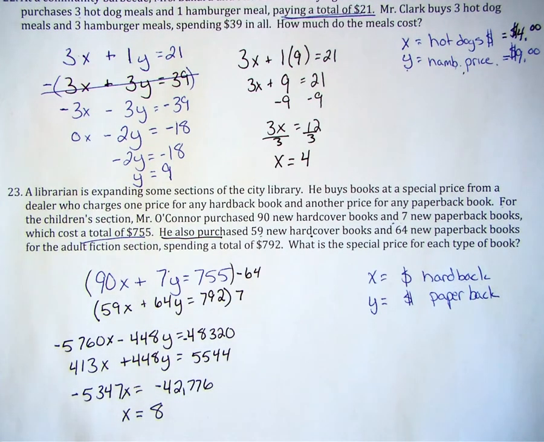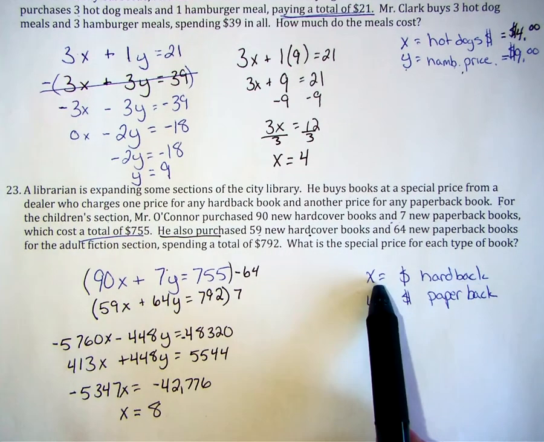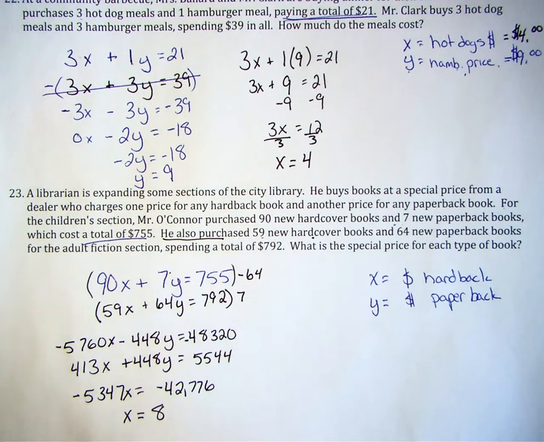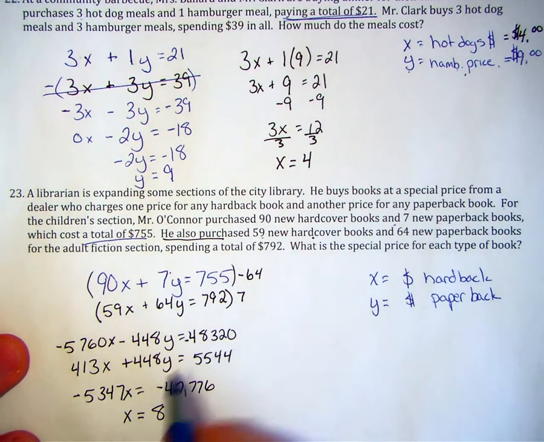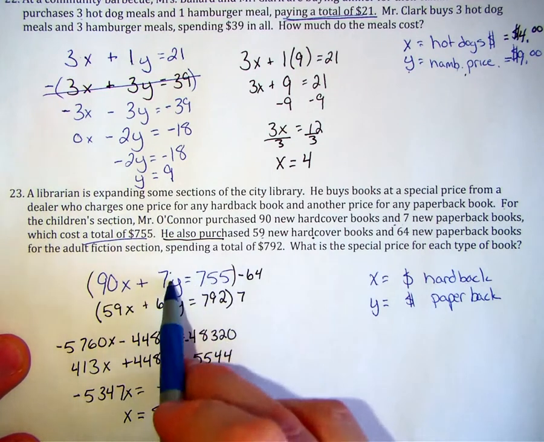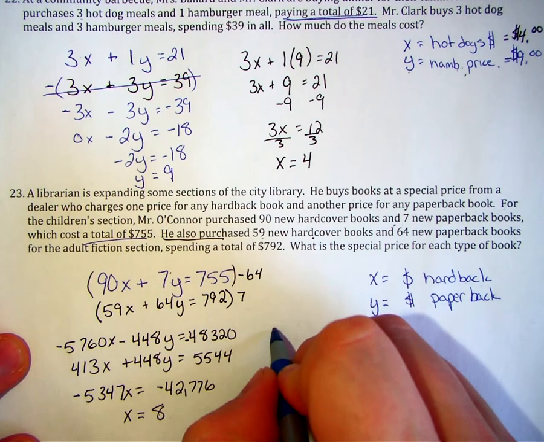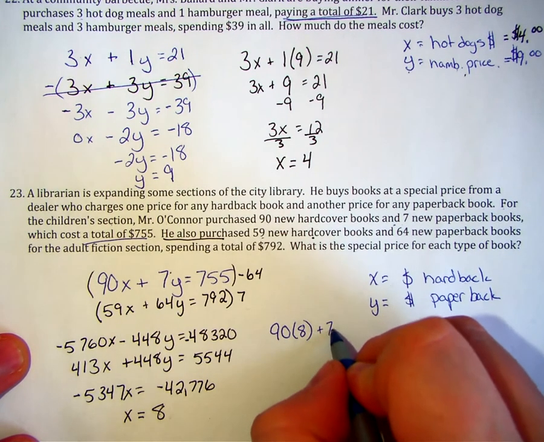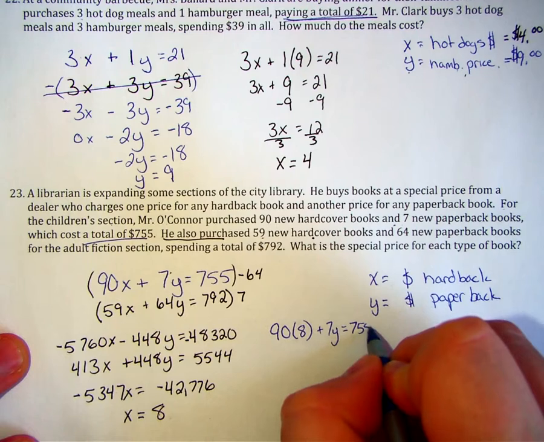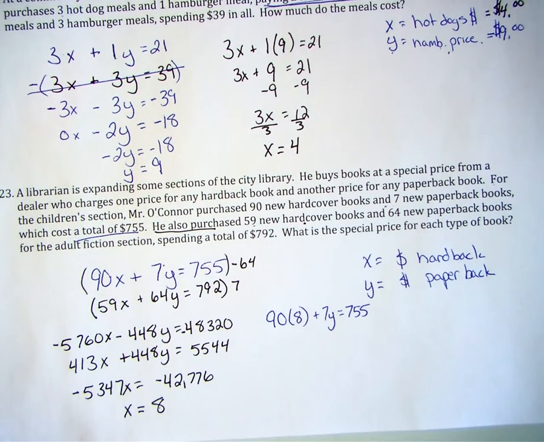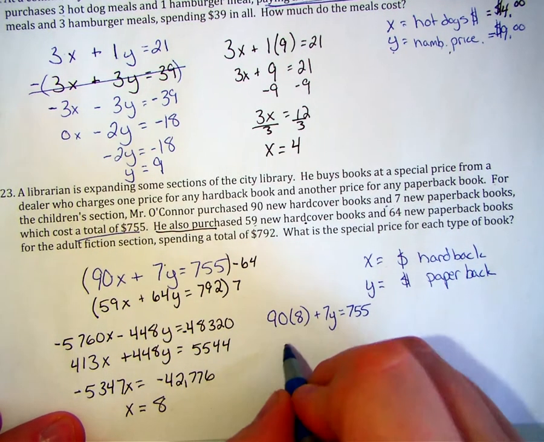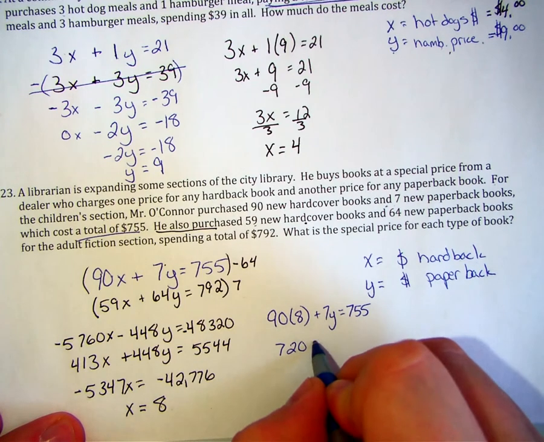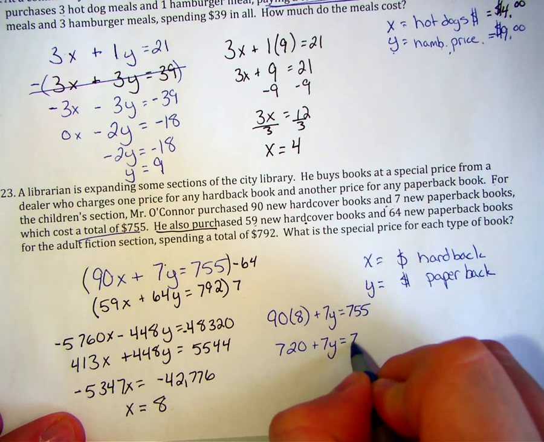Now, 8, we already said, since that's our x value, is the cost of a hard book. Now that we know the cost of the hard book, we can figure out the cost of the paperback by plugging in x for 8 and simply solving for y. So let's continue. 90 times 8 plus 7y is equal to 755. 90 times 8 is 720 plus 7y is equal to 755.